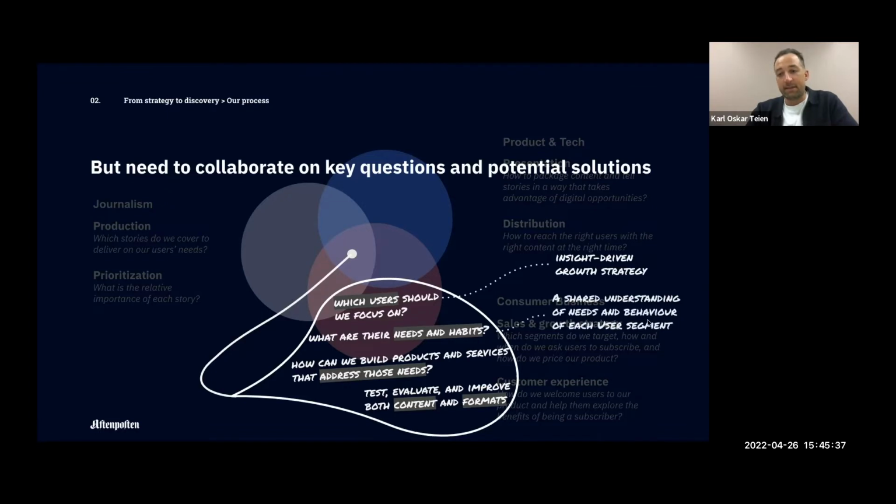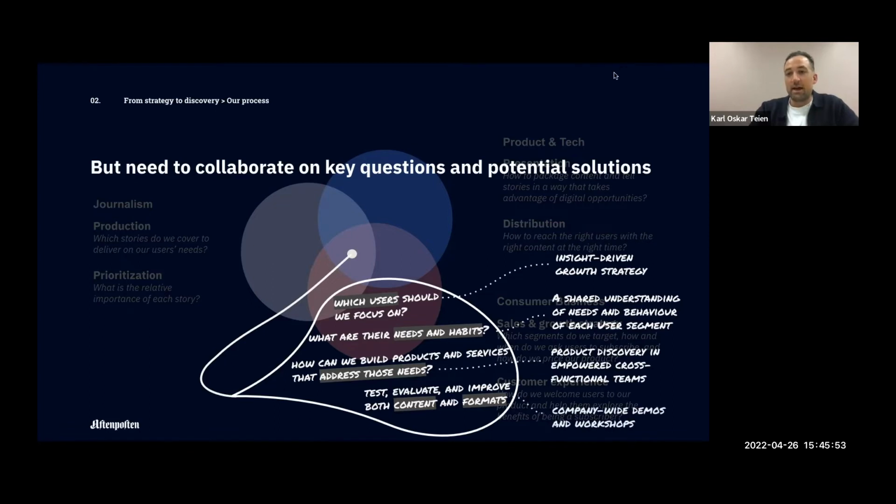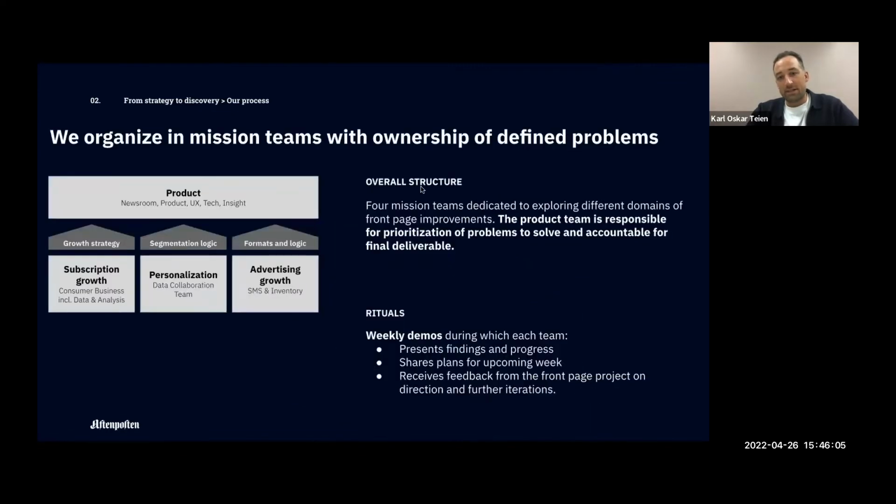We made sure that everyone had a shared understanding of the user needs and the behavior in each one of those segments. We had product discovery in these cross-functional teams where people would collaborate across the functions they worked in. And we ran all these demos and workshops to make sure that everyone was informed, they were aligned, they could contribute with ideas. So that was a way of including the whole organization.